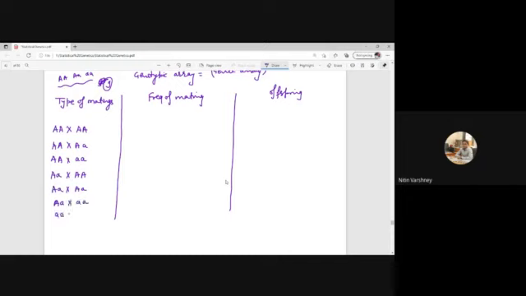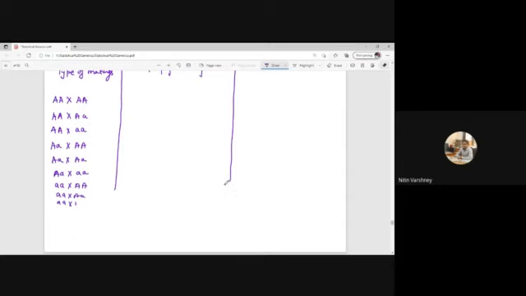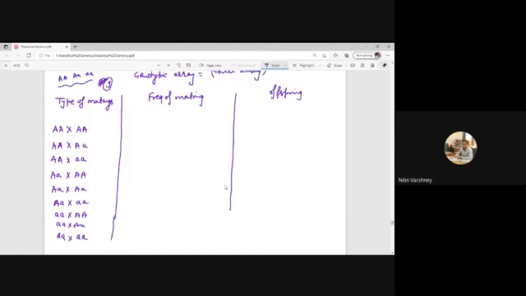And the last one, small a small a crossed with small a small a. Okay, so these are the types of matings.